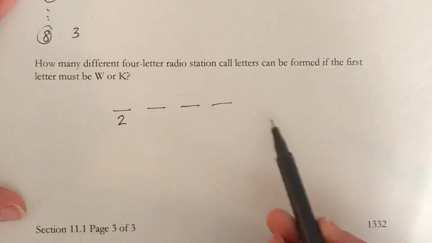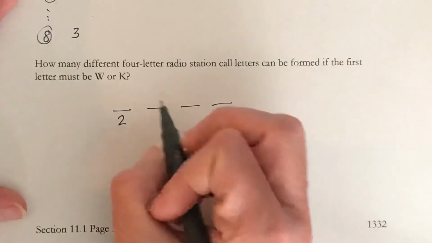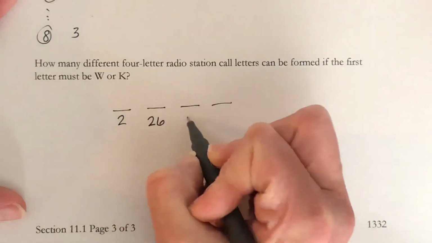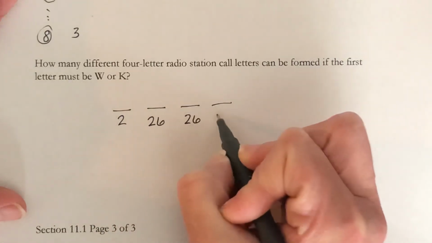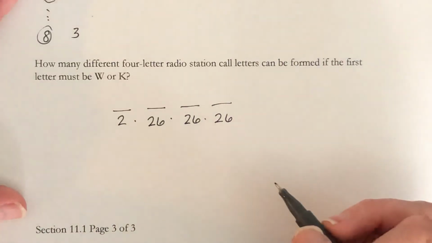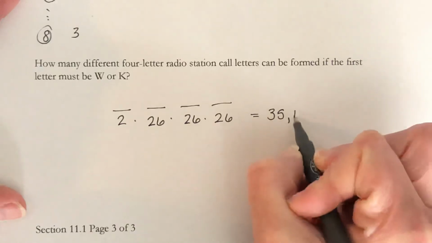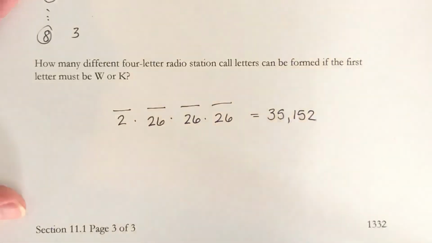Now, for the rest of these, it can be any letter, and we are allowed to repeat them. So I have 26 options here, 26 here, 26 here. Multiply those straight across, and you get 35,152 different call station combinations.